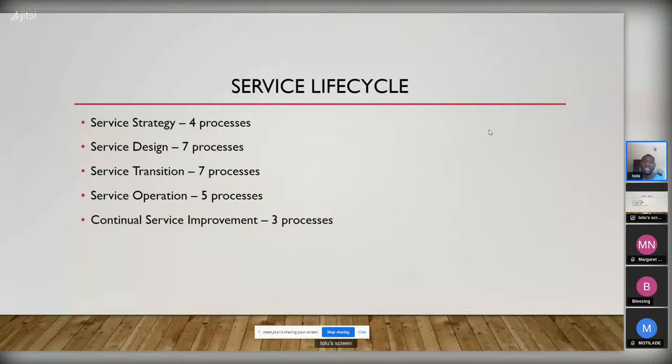Now, service design is where the work is done, where you design how we are going to provide this service. These are the means we can choose: we can use websites, we can use personnel, we can use a mobile app to provide this service.